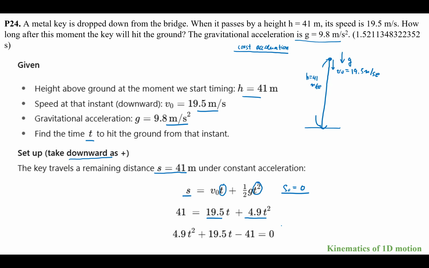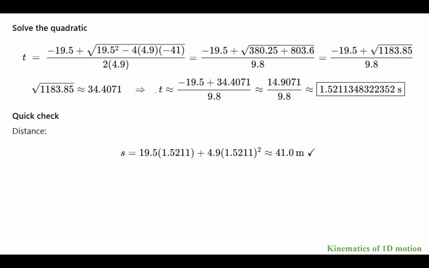And then you need to solve for t using the formula for the root, finding the root. And then you get this value, and after calculations, you will have this many seconds.